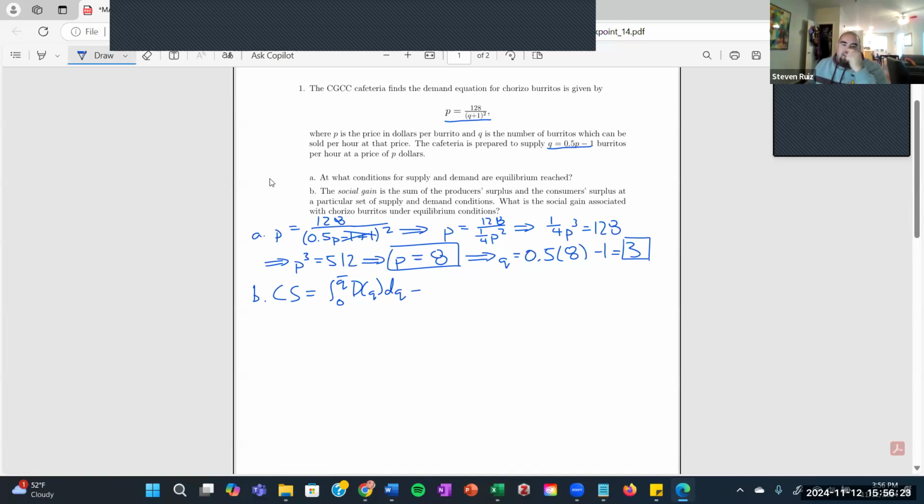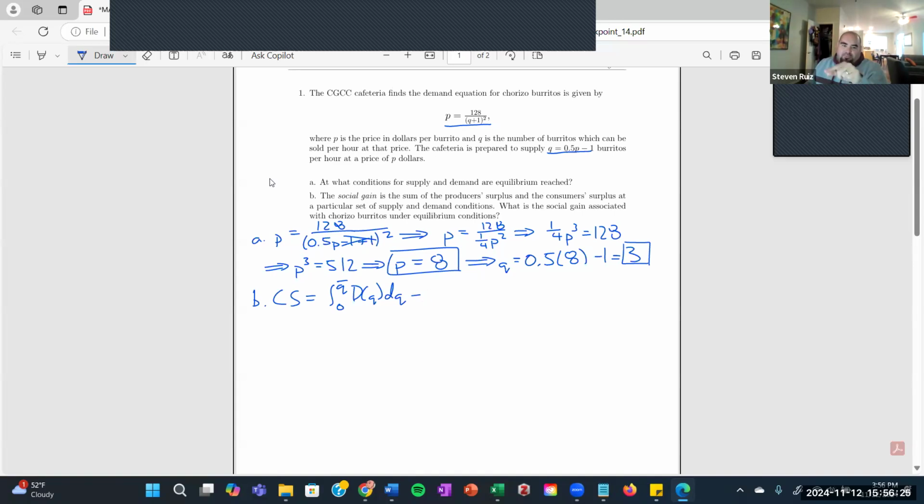So think about it this way. If they're going to buy 3 burritos per hour at a price of $8 per burrito, that tells you what this term is, that P bar Q bar. That should be $24.